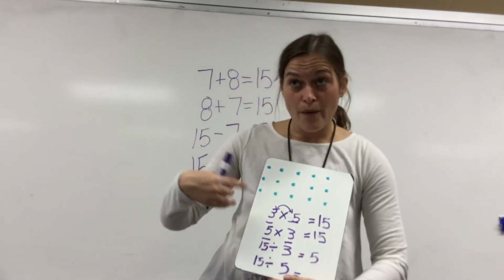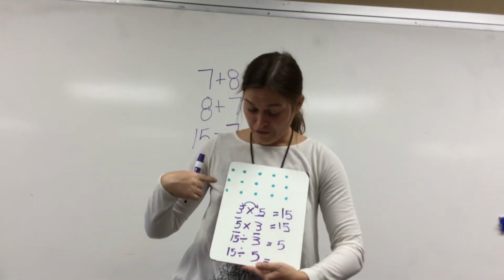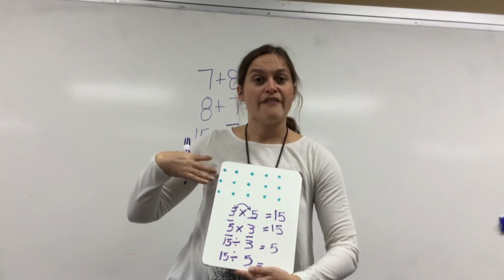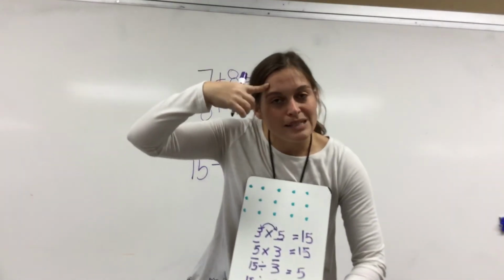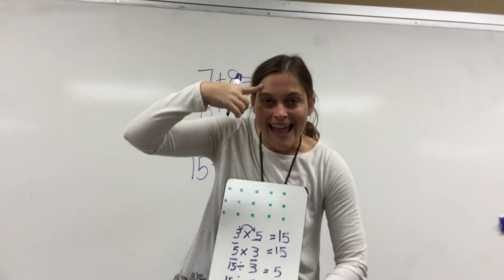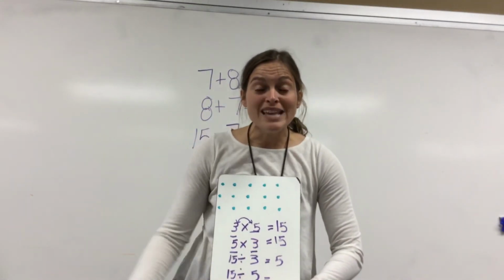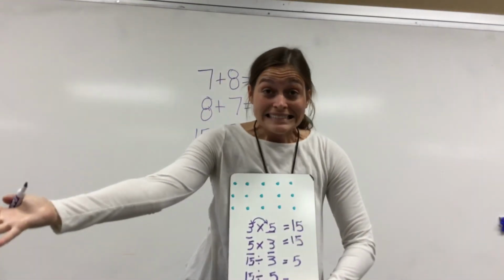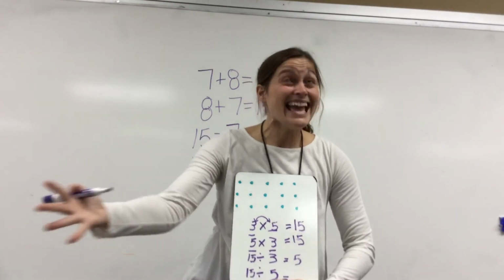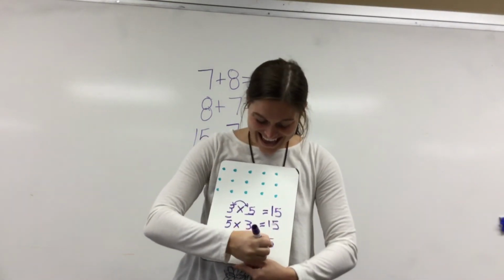I could draw a picture and solve 15 divided by 5. Or I could just use this brilliant brain in my head and see that the number that's missing is a... Yes! 3!